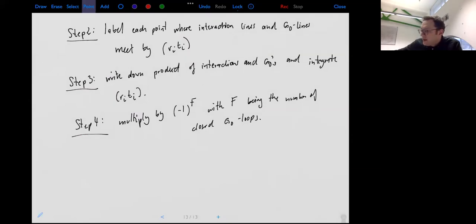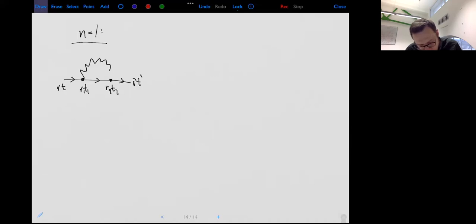All right, so let me be specific and show you how to apply this procedure for the first order terms. At first order, I'm just going to redraw them. We have these diagrams, R1, T1, R2, T2, R prime, T prime, and we've got the interaction line.